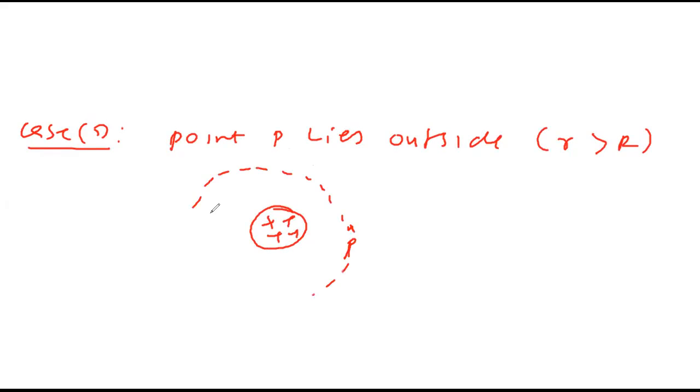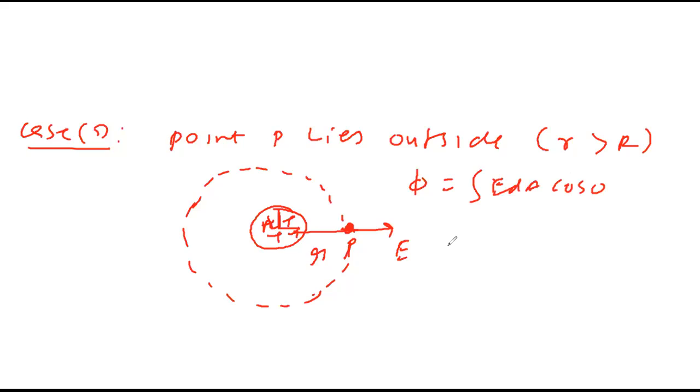So if I draw a Gaussian surface of radius small r, then this is the direction of intensity through that area dA. What will be the flux here? Is it E dA cos 0? That means E integration of dA. What is the area? 4 pi small r square, correct?